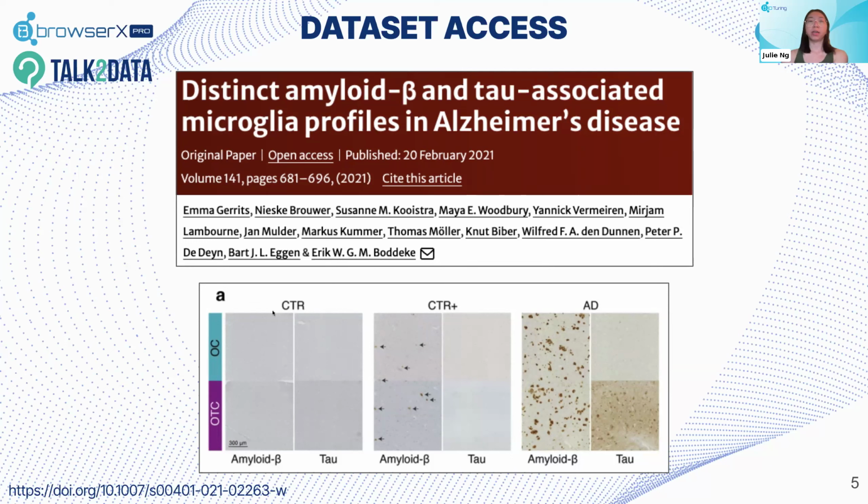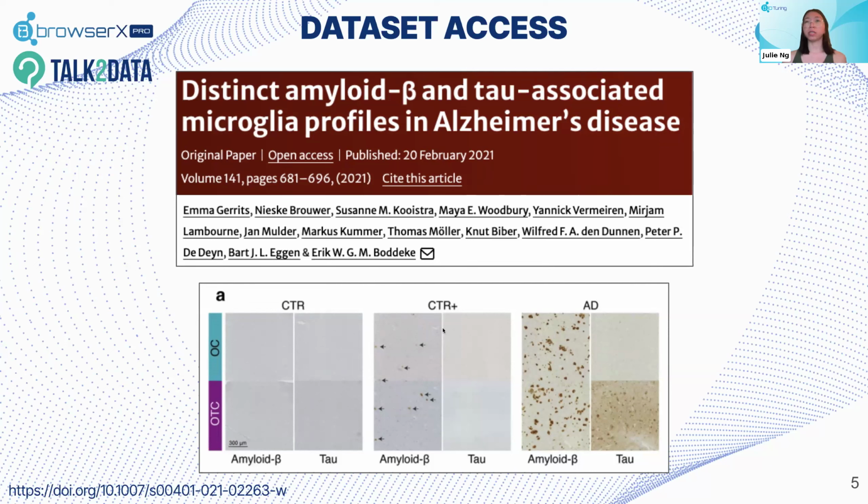I want to speak a little bit about how the authors designed their experiment. They have three experimental groups: CTR, CTR plus, and AD, which is Alzheimer's, taken from two regions of the brain, the occipital temporal cortex and the occipital cortex. You can see here how in a control or healthy brain, we don't see any amyloid beta plaques or tau tangles.